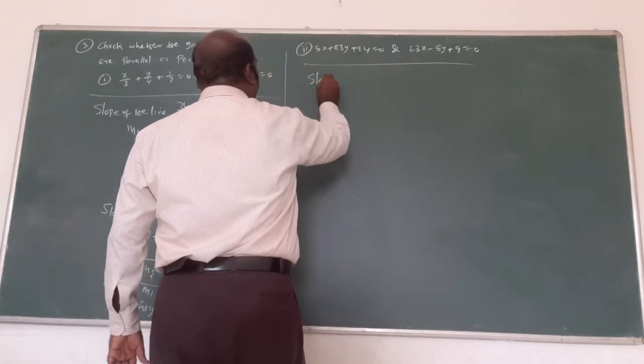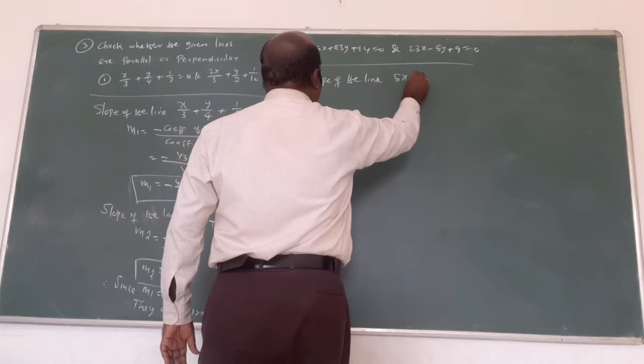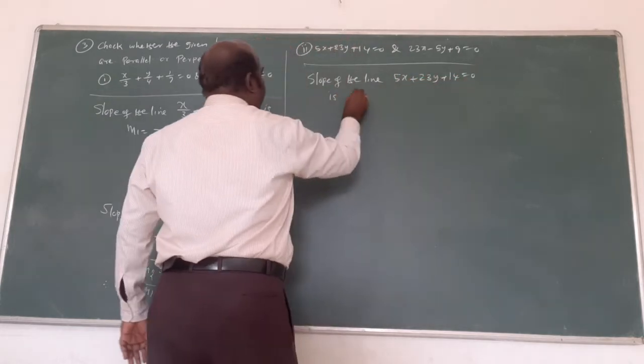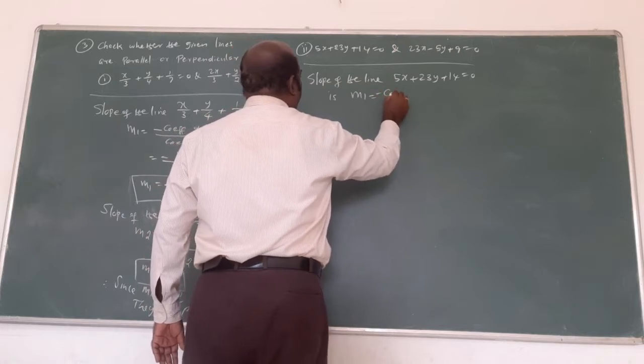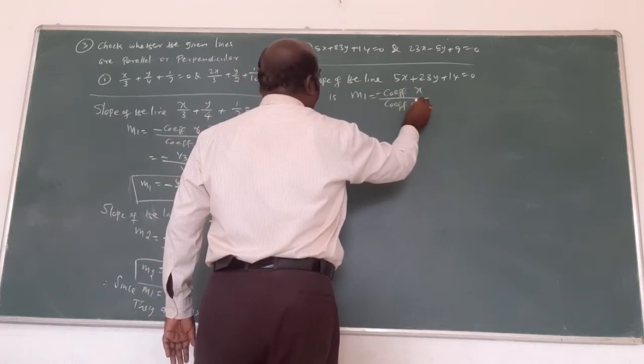Second solution. The slope of the line 5x plus 23y plus 14 equal to 0 is m1. Write the formula: minus the coefficient of x by the coefficient of y.